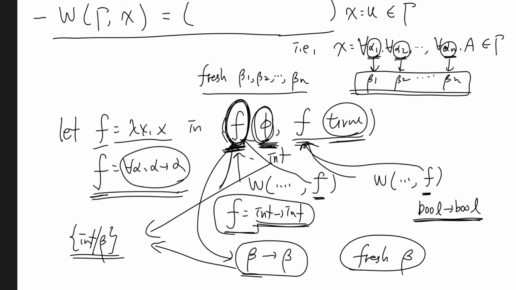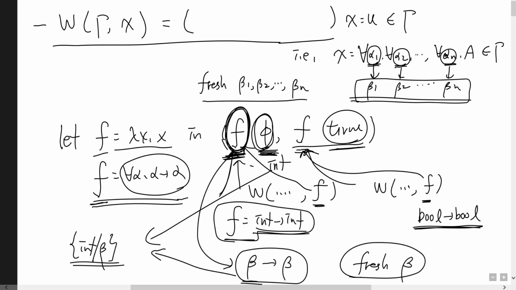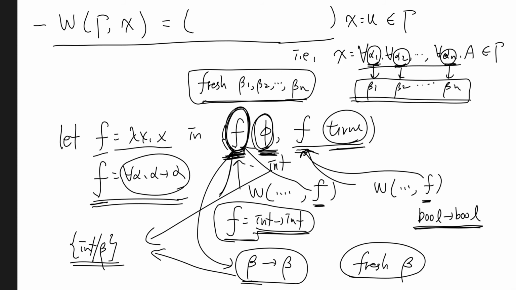So the plan now is we introduce fresh type variables, just as many fresh type variables as there are type quantifiers. And then we just return this resultant type. So the answer is there's no type substitution. So it's identity substitution.